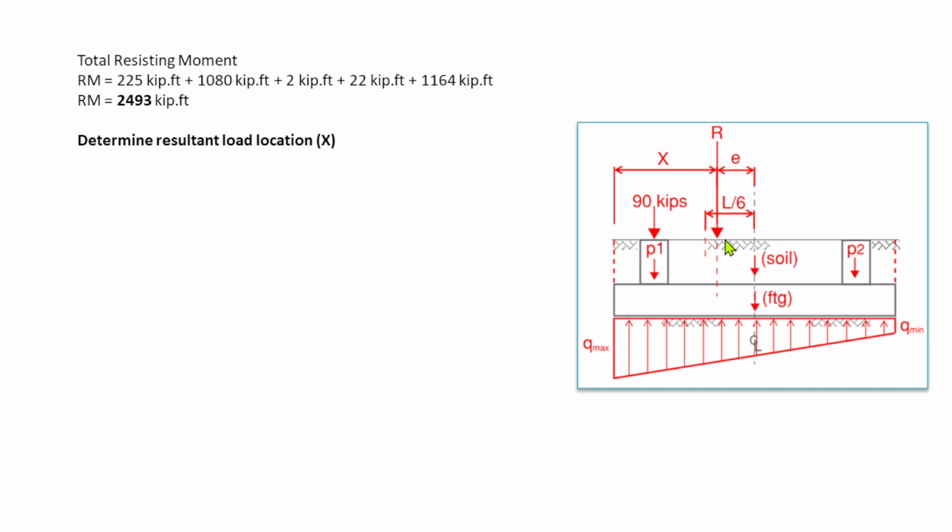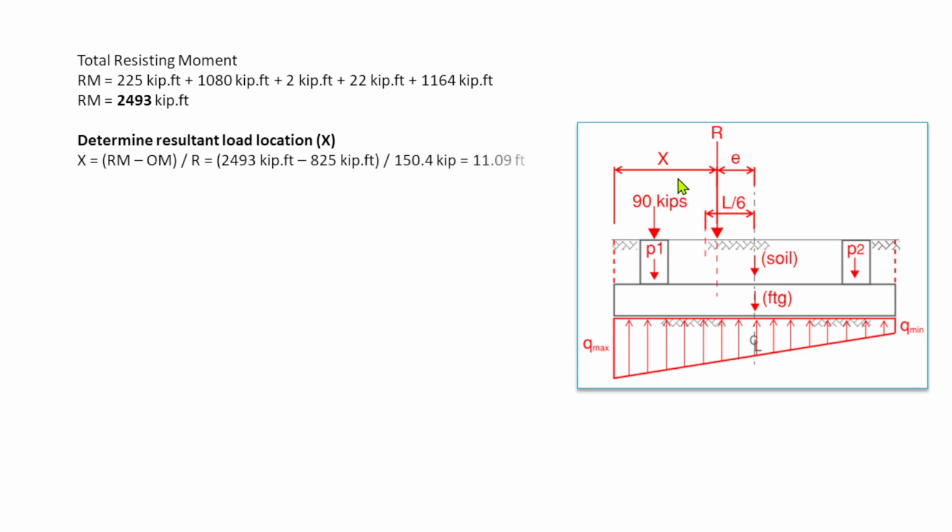So the next one is to determine the location of our resultant force. This is our resultant force, actually off-centered from the center line of footing. So we assume that it's somewhere here. I don't know where it is exactly because it is off-centered, because the overturning moment is counterclockwise. There's a tendency that our resultant will move to the left side.